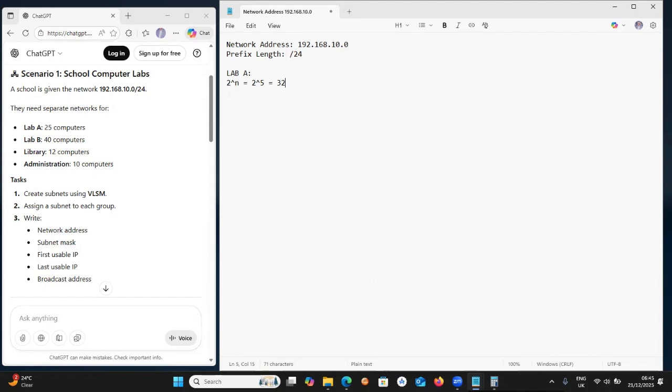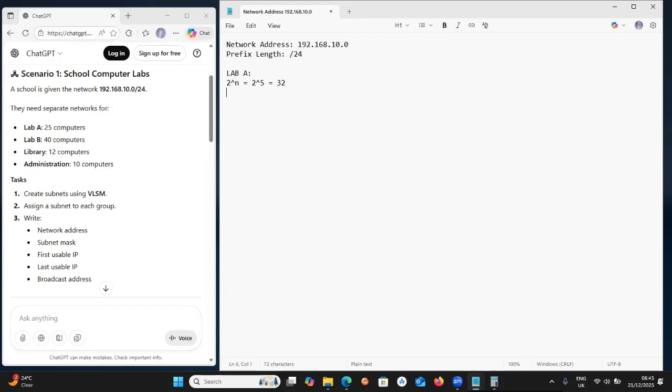Since we now have 32, it means the least number of addresses in the subnet that we are going to make for lab A is going to be 32 addresses. So now let's go to calculating the prefix length.